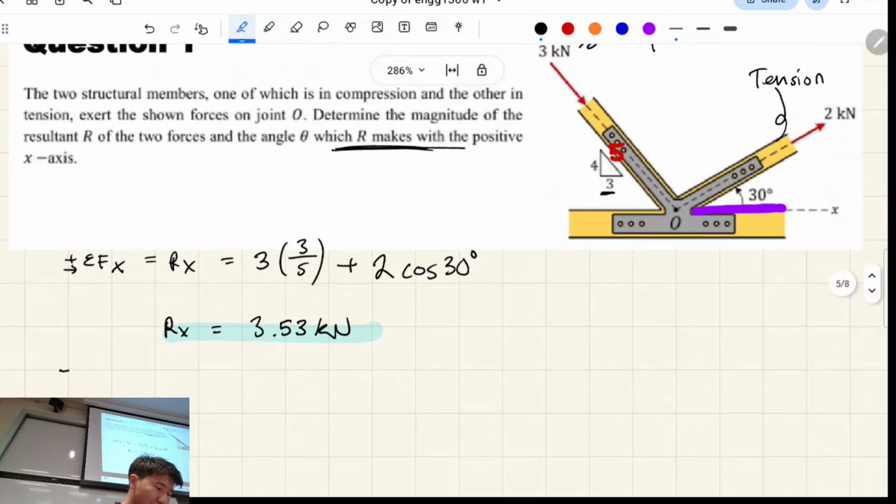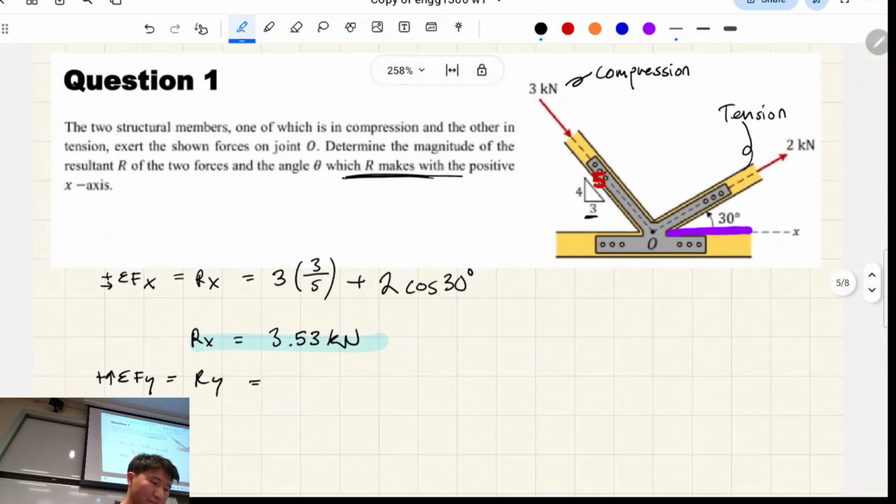We do the same thing in the y direction, and we're going to find out what the resultant vertical force is. The difference here is that the compression force is acting downwards, whereas the tension force is acting upwards. Remember, we're just looking at the vertical components of these two forces. So we're going to have a -3 for the magnitude, and we take 4 over 5, which is the vertical part divided by the hypotenuse.